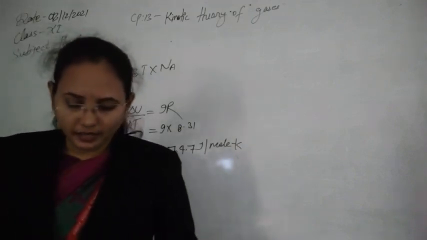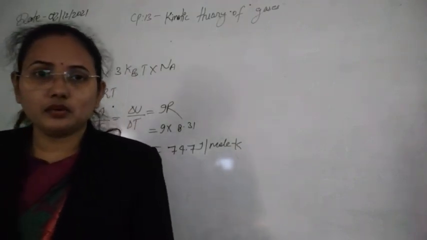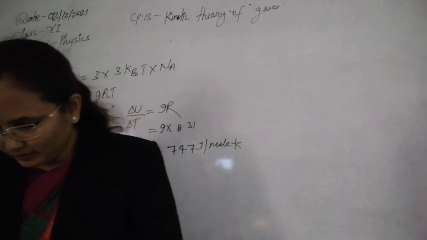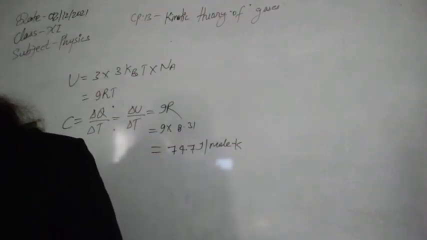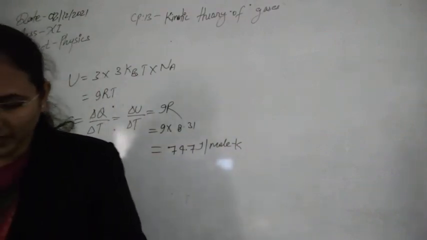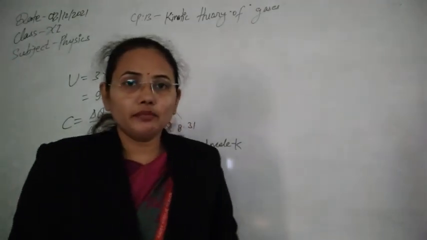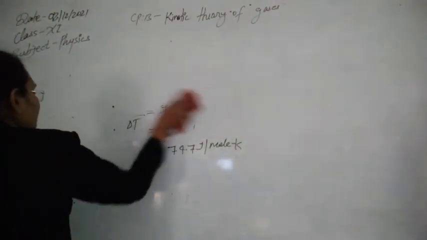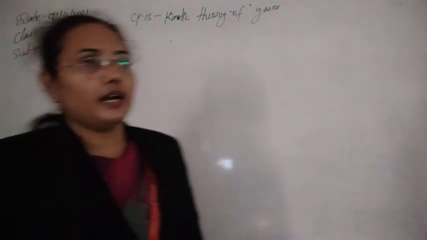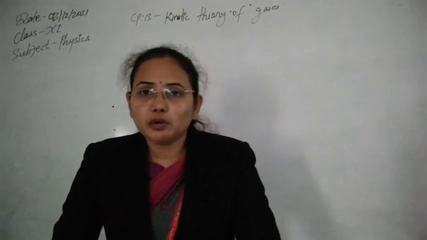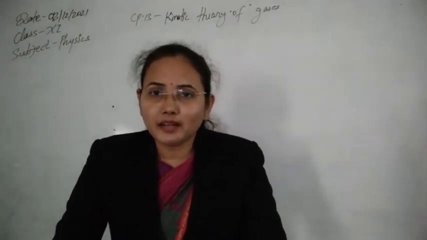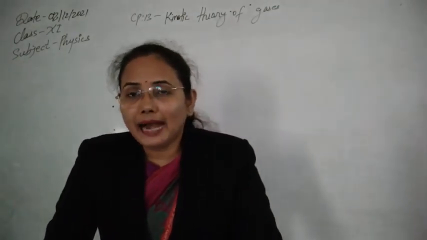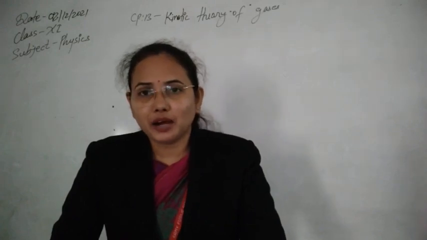Now the next topic of the chapter is only a brief description. We have to see, after that the chapter will end, and that is the concept of mean free path and mean free time. So what is mean free path? As we know, according to kinetic theory, gaseous molecules are always doing random motion, and that random motion is known as Brownian motion.